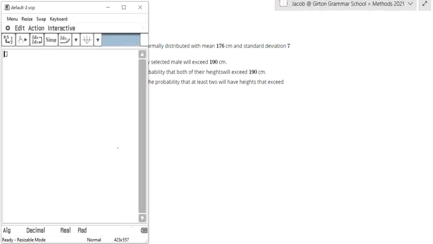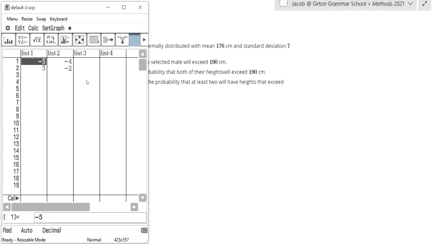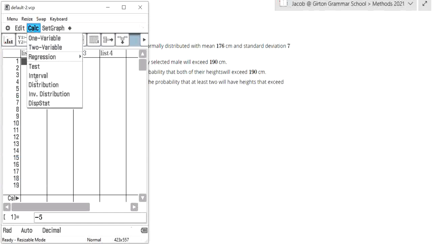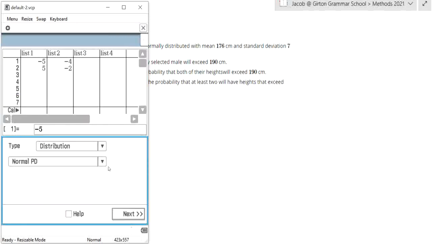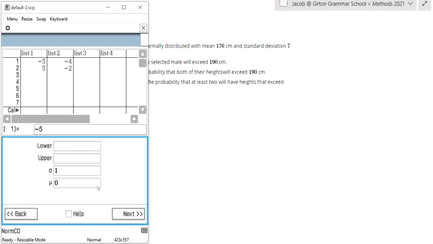And I'm just going to use the CAS for that. So go into statistics. We're doing a calculation with a distribution. This is normally distributed cumulatively. The lower bound there is 190, the upper bound is infinite.